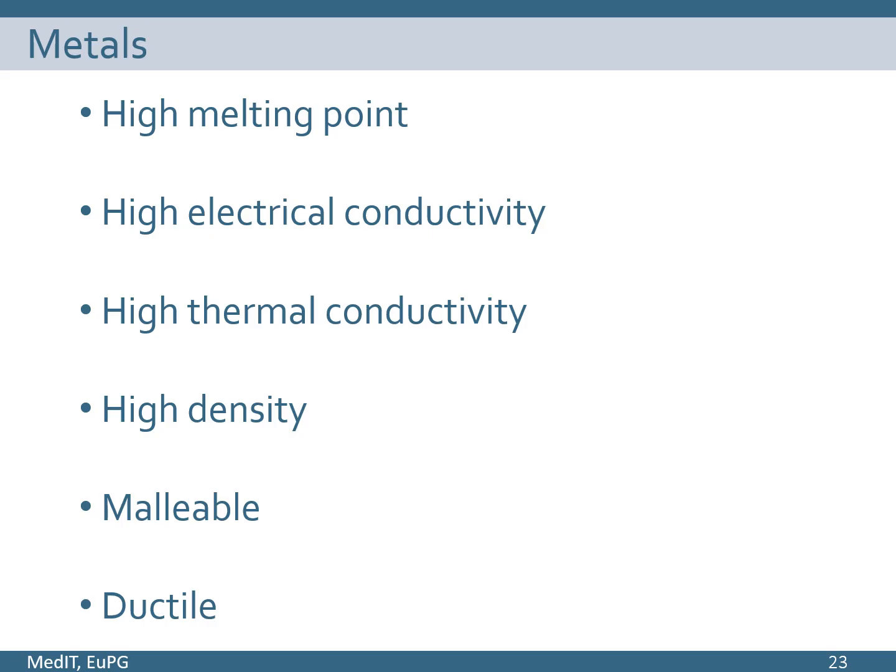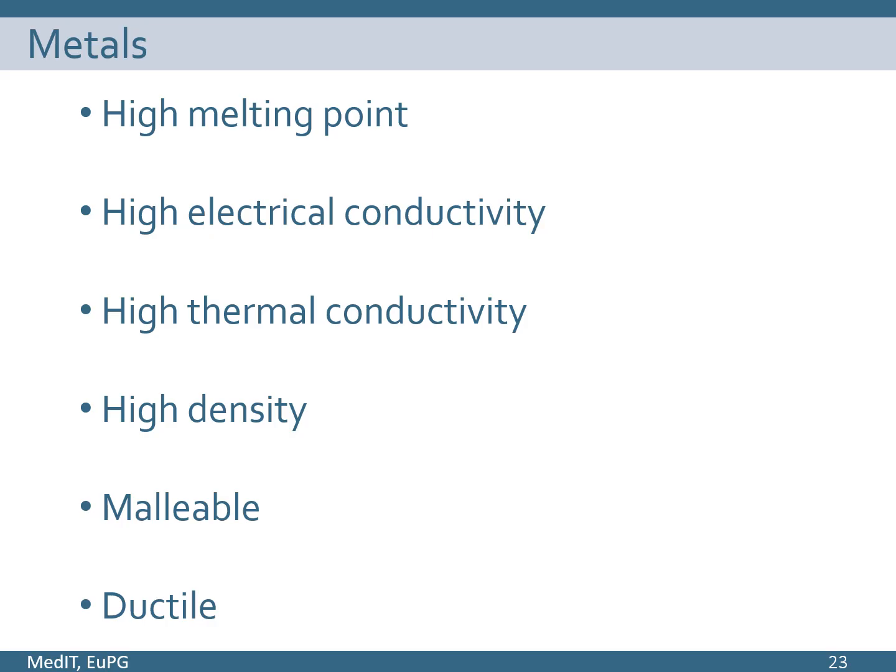Next question. Metals are high density materials. Why? Well, there are actually three main reasons. First, the atoms are well organized in the crystal lattice. They form a compact arrangement.